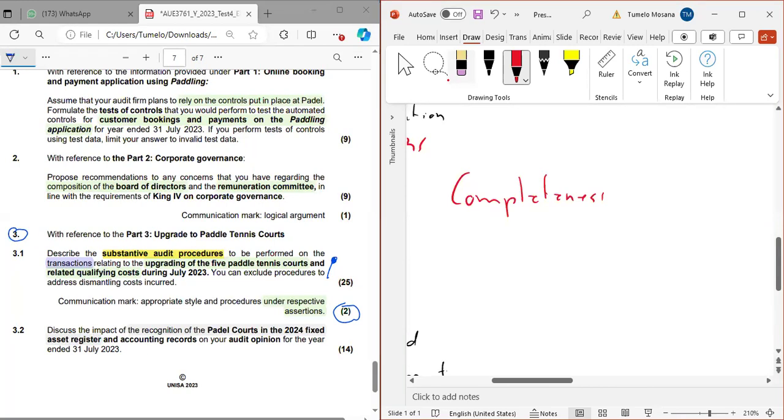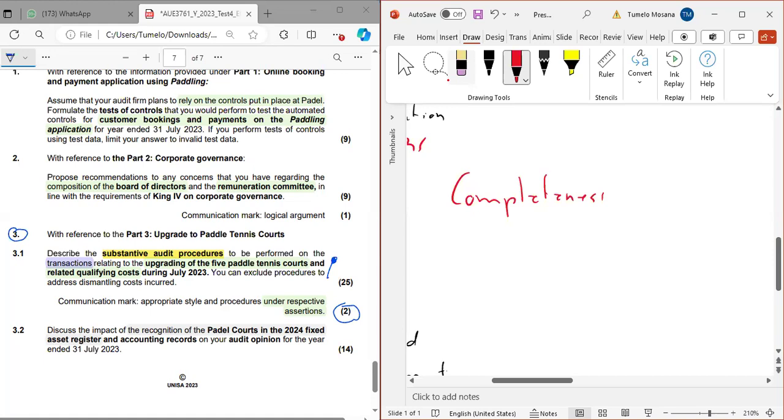Sometimes you should not capitalize a repair, but sometimes you should, if it is separately identifiable. So you might find that items which are separately identifiable were not capitalized to that PPE account, and you want to check whether those things have been capitalized or not.